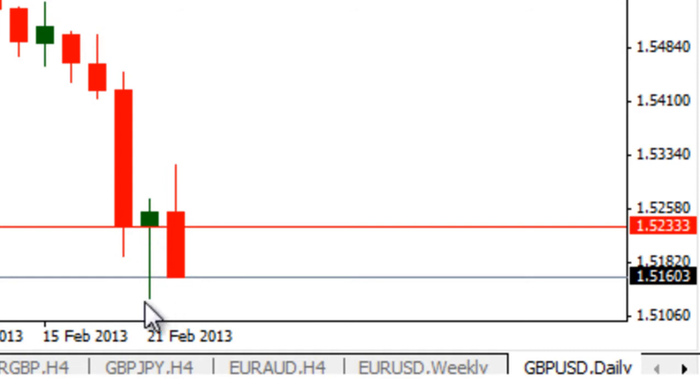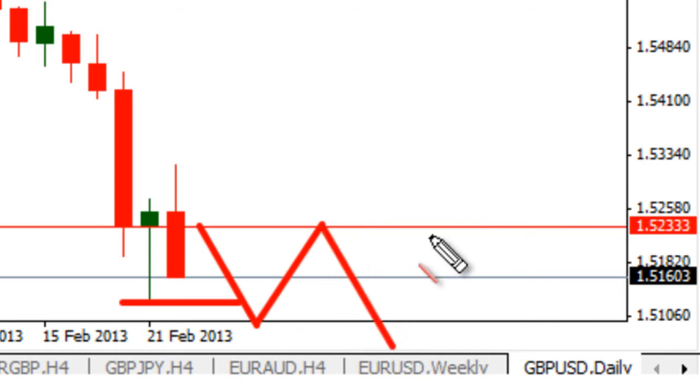If this candlestick is being compromised around here, we expect that price will fall down around here. If this area has been compromised, we wait for price to fall below this point. Price gets here, then resumes a bearish move down. So that is how I'll be looking to trade this pair.